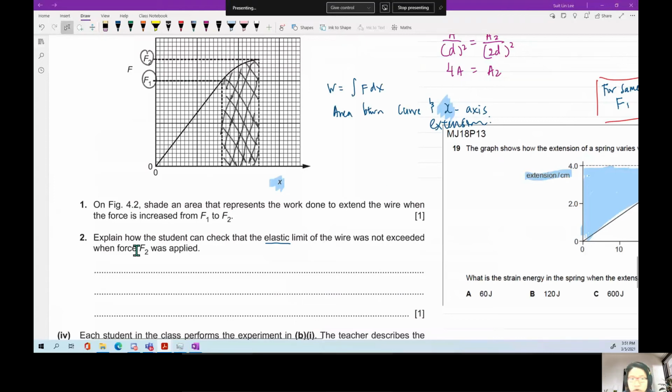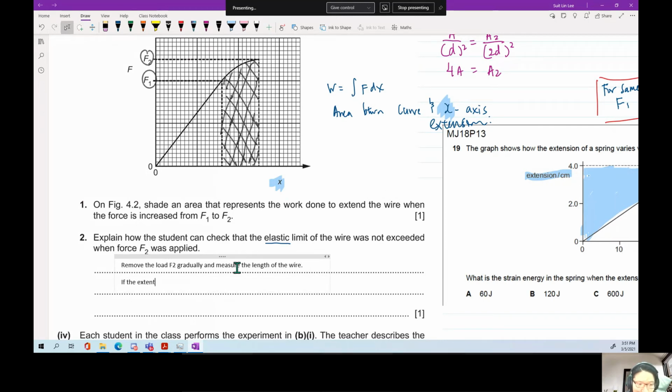So what I'll say is I will remove the load gradually and measure the extension, final length of the wire.